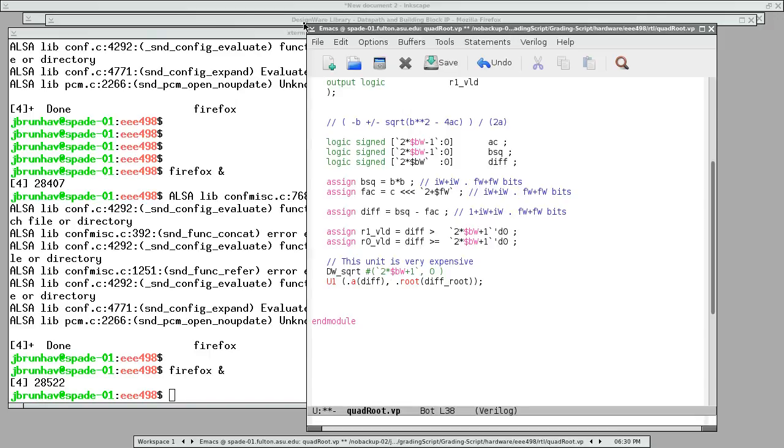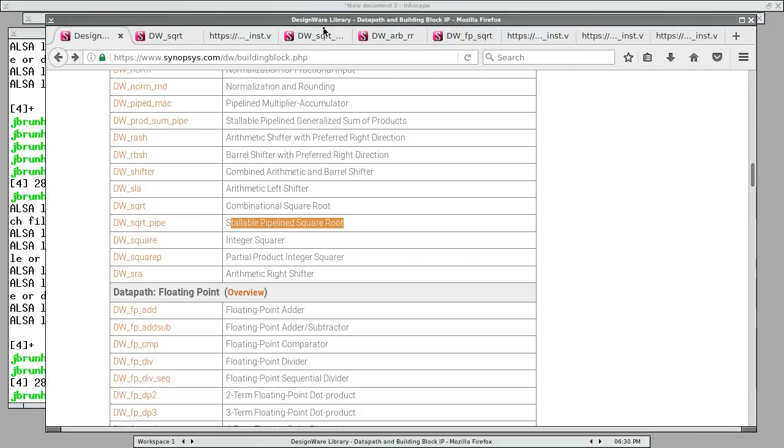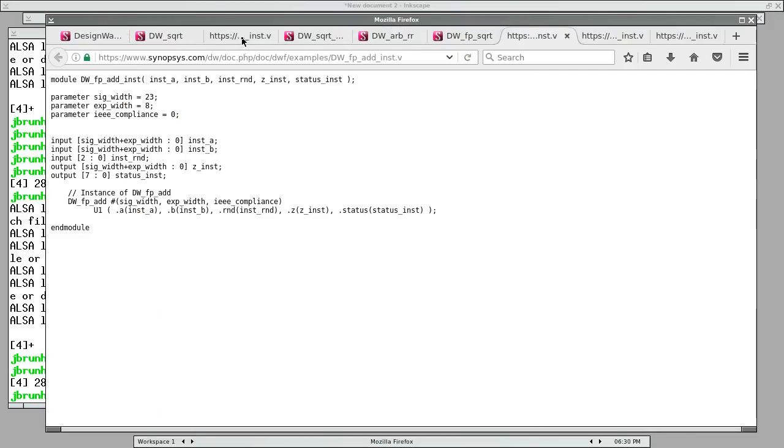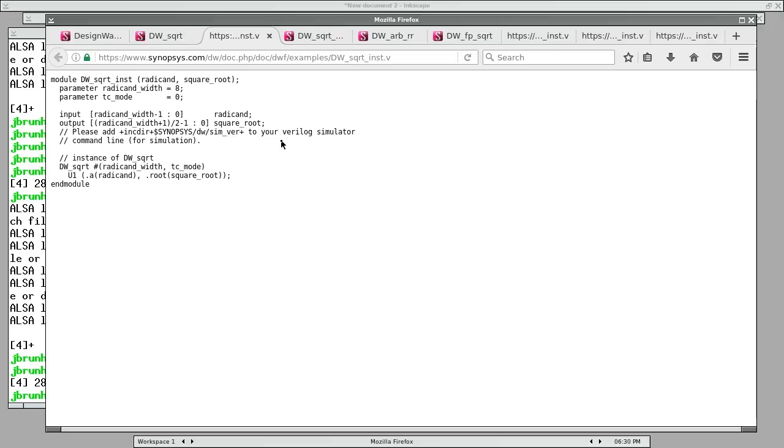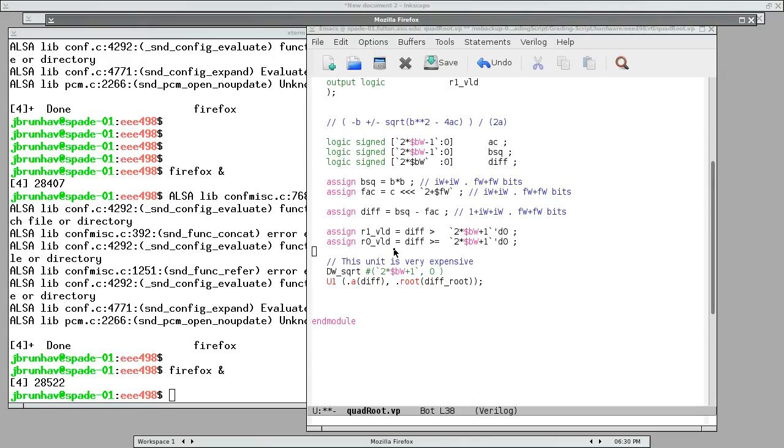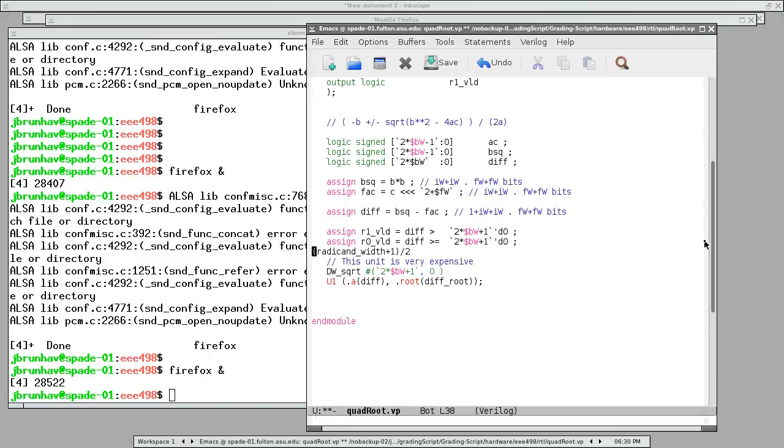Let's take a peek at the notes for square root. The radicand with +1 divided by 2. Okay. We're going to copy that right there.